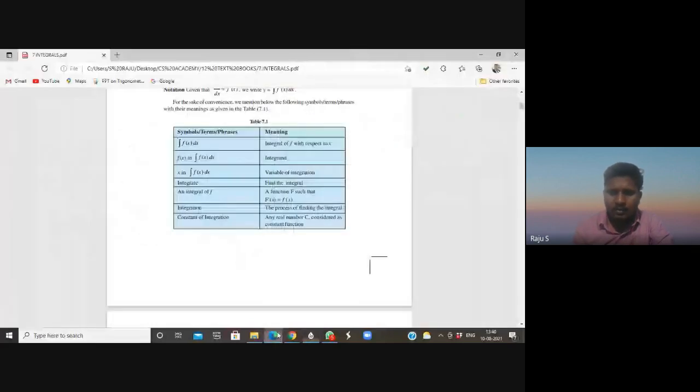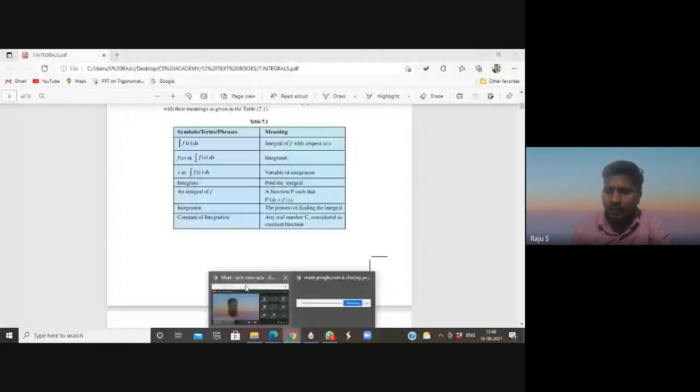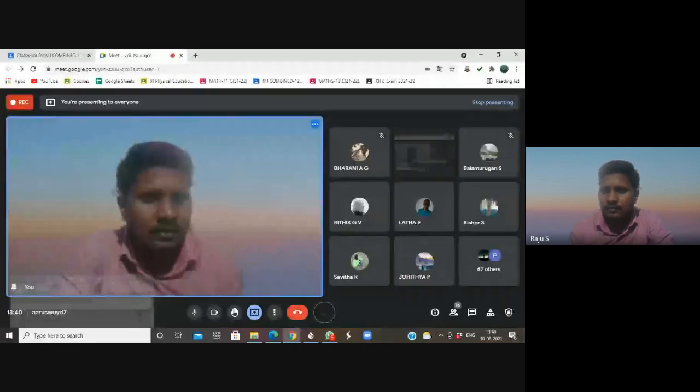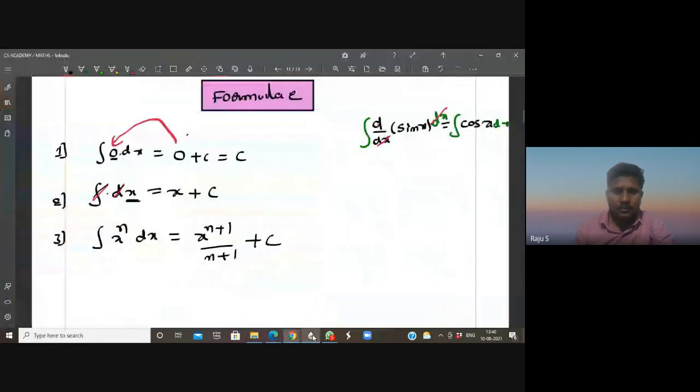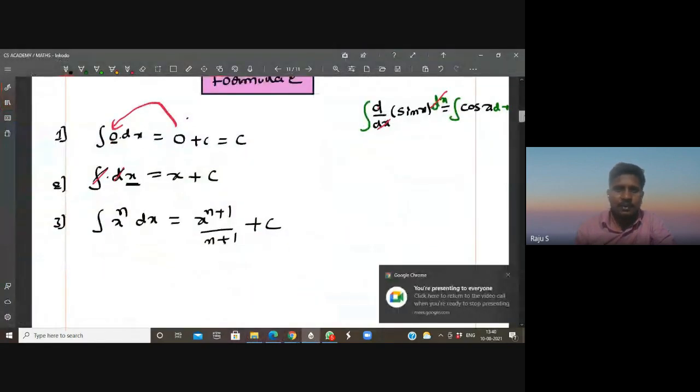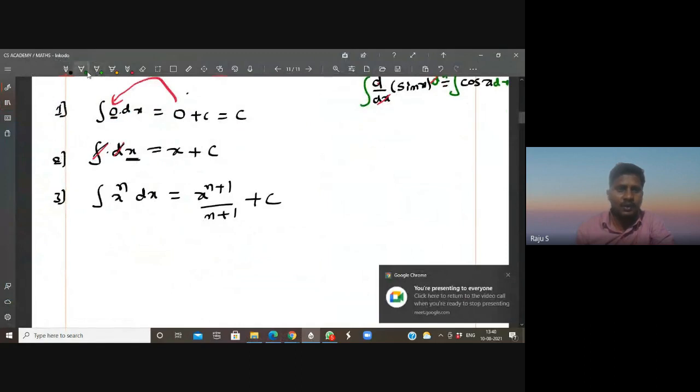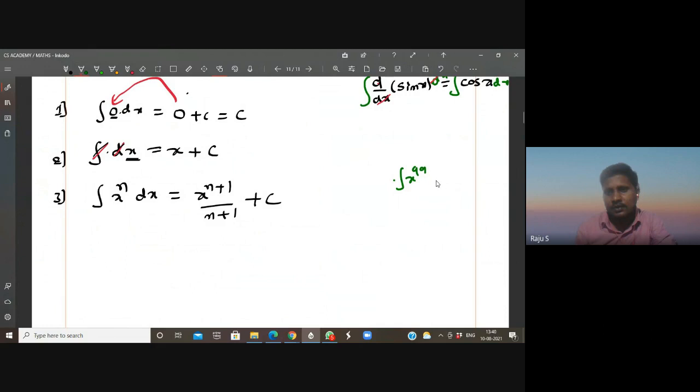Students, I think you have a complete idea about the formulas. Am I right? Anyhow, I'll write all the formulas, note them down in one place. It's simple. When I ask the question, for example, what is integral of x power 99? The answer will be x power 100 by 100. Whenever 99 is there, simply write 100 by 100. That's all.